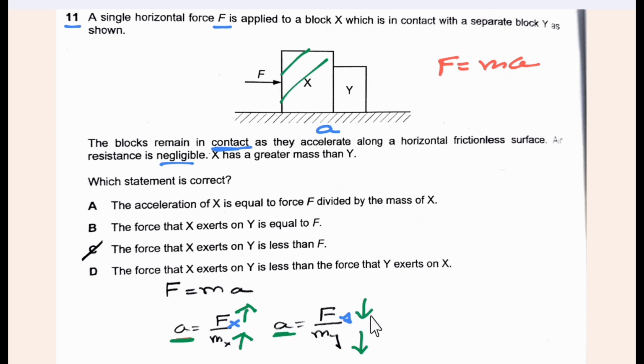So the force that X exerts on Y, Fy, is less than F. So statement C is correct.